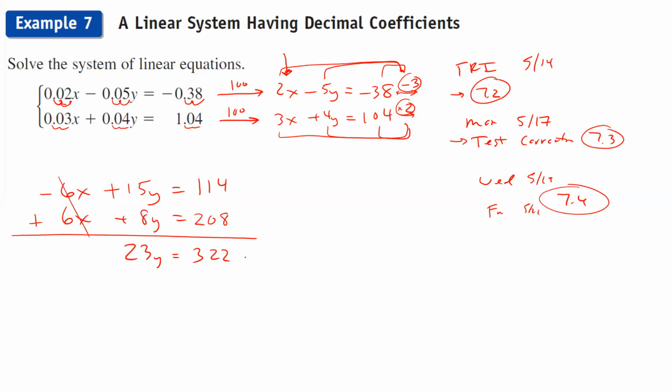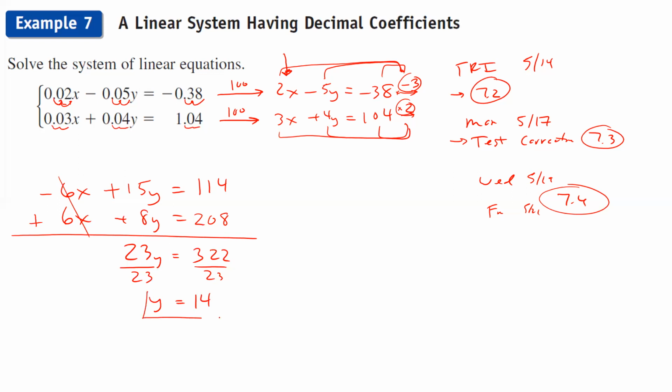Can you also divide by 23 to see if we get an exact nice answer? Hopefully. Oh, 14. Perfecto. Tell me if anybody got a different answer. Oh, good. Okay, 14 is the answer.